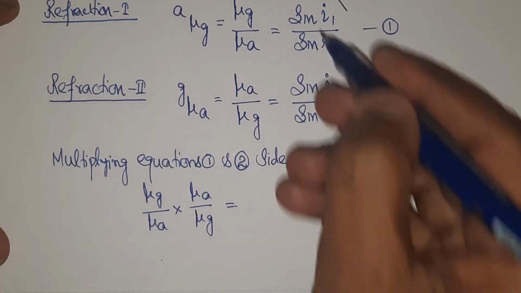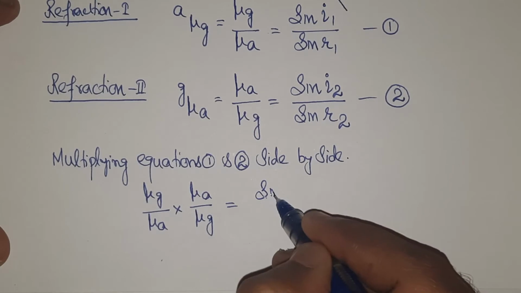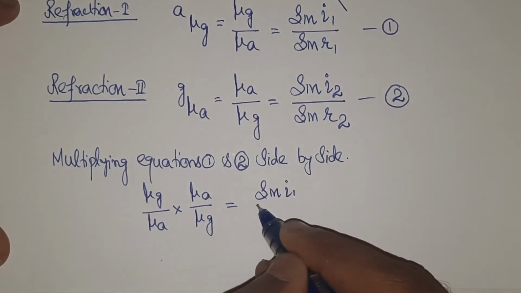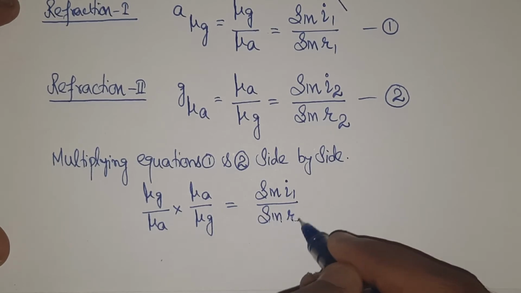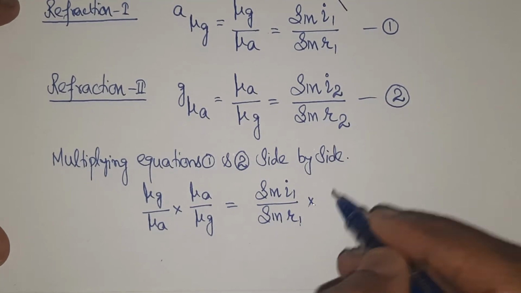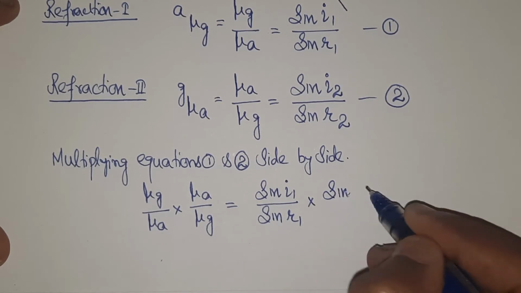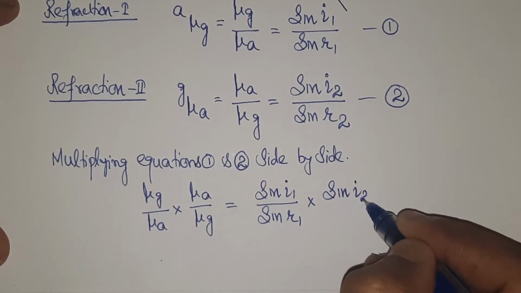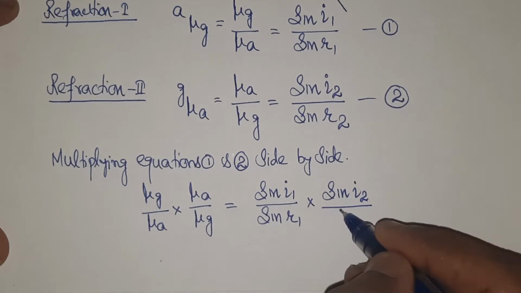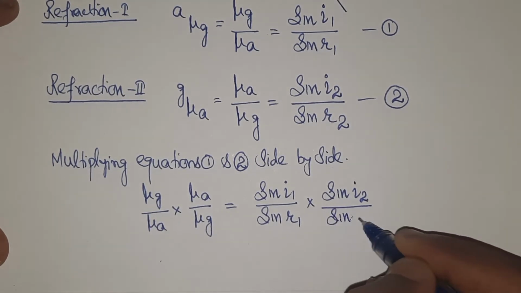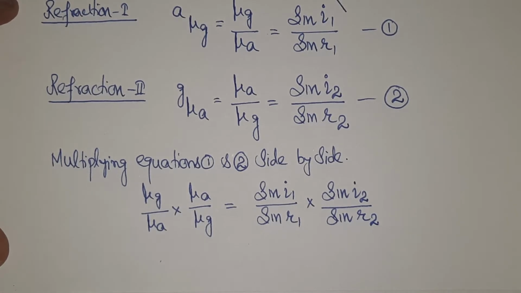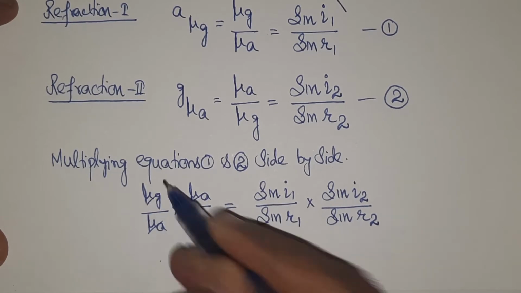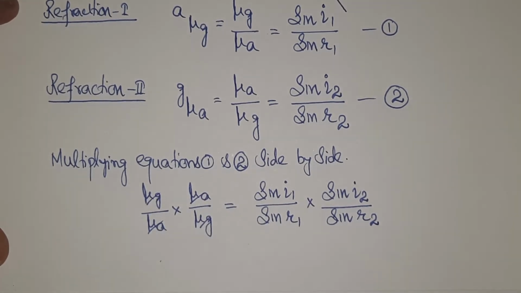This is equal to sine of I1 over sine of R1 from equation number 1, multiplied by sine of I2 over sine of R2. Now whatever cancellations are taking place, just perform that. This is gone. Now go back to the diagram again.